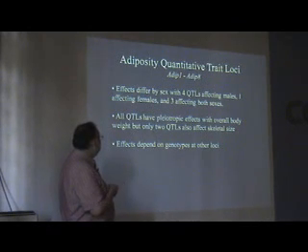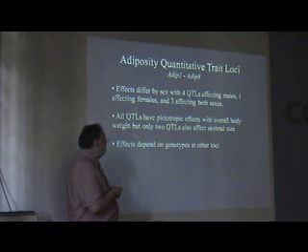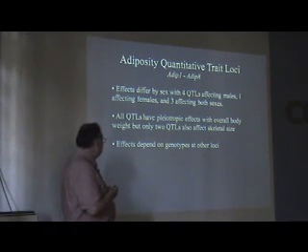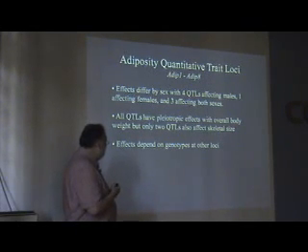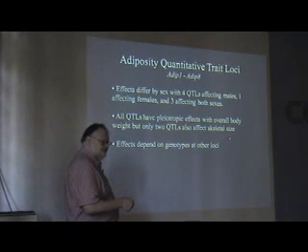To remind you, here we had effects differing by sex: 4 QTLs affecting males, 1 affecting females, 3 affecting both sexes. All of them have pleiotropic effects on overall body weight, but only 2 also affect skeletal size. And here what we're going to see is that the effects of these QTLs depend on genotypes at other loci.